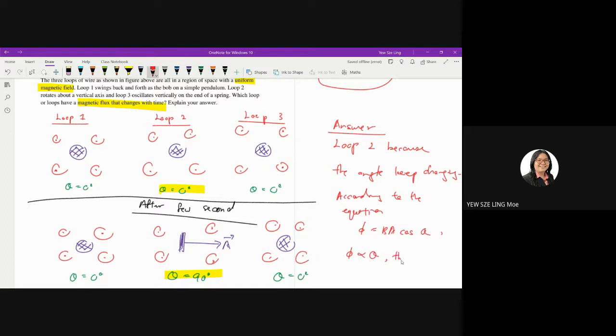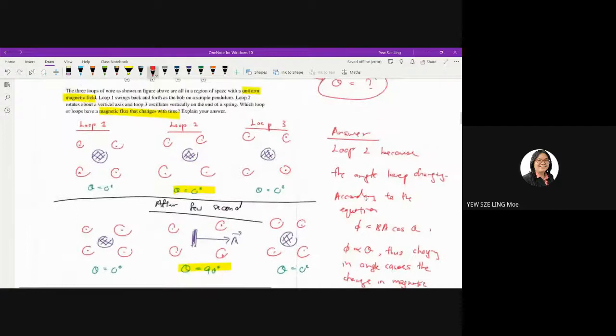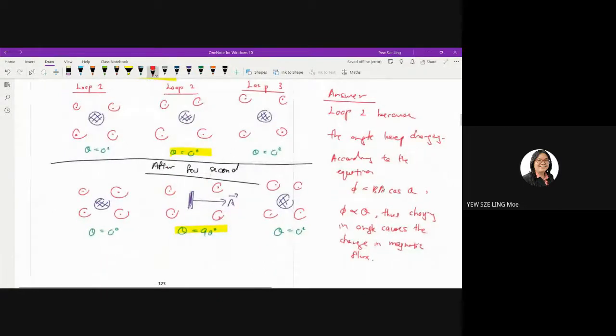Thus, a change in the angle causes a change in magnetic flux. So that is how you answer it. You can actually start from the equations.